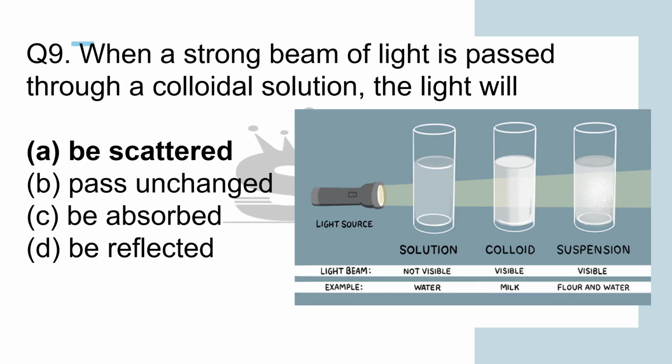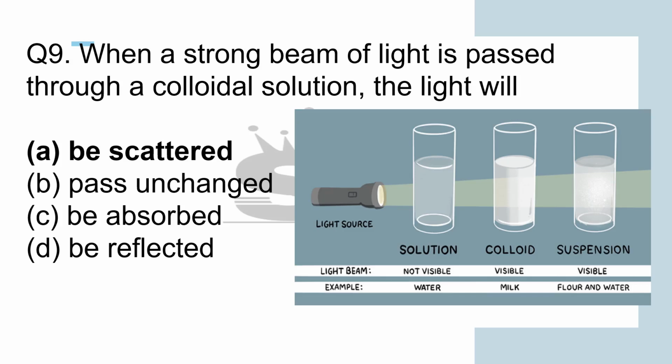Here, if you observe, when the water is not visible, in the colloidal solution it is visible. Colloidal means, here it's taking milk as the example. In the suspension fluid, it is visible. Suspension means flour and water used. Okay.